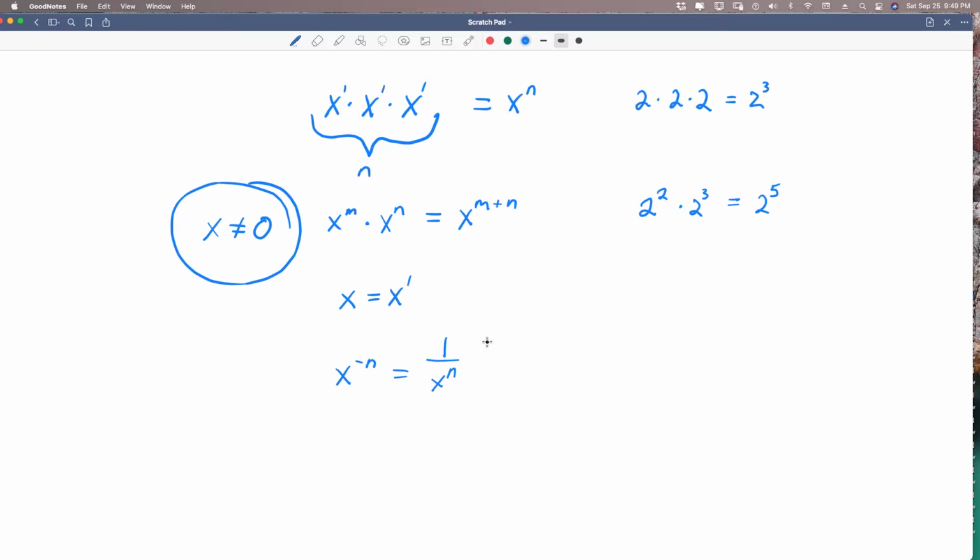And the inverse of that is that 1 over x to the negative of an exponent equals x to the positive of that exponent as a whole number. And last but not least, we learned that if x is not 0, then x to the 0 equals the number 1. It equals the value of the whole number 1.